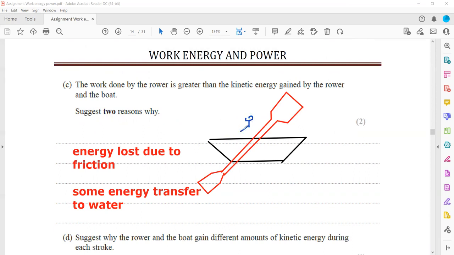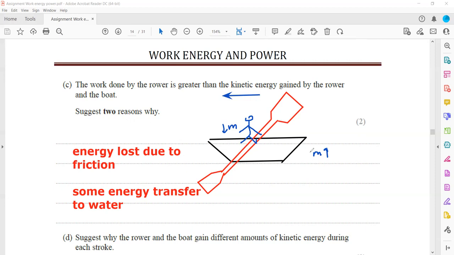So the boat and the person both are moving at the same speed. But what happened? The mass of the person is smaller as compared to the mass of the boat. So if they have different masses and they are moving with the same speed, the kinetic energy of the person will be different from the kinetic energy of the boat.